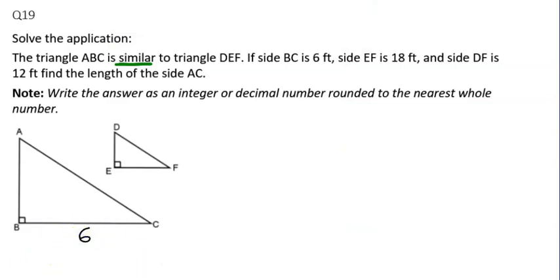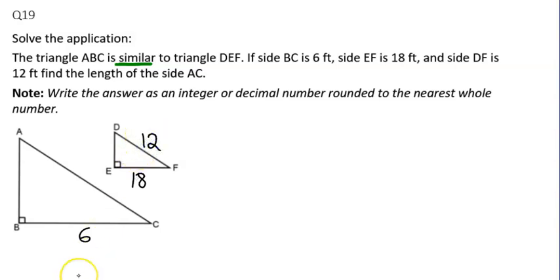When I finish, you guys are going to pay attention. Side EF, this one is 18. The picture doesn't make sense because this is the bigger one, not that one. When we created this, we put the numbers backwards, but you're going to get the spirit. The side DF is 12.